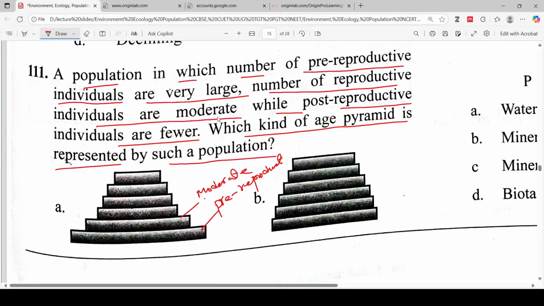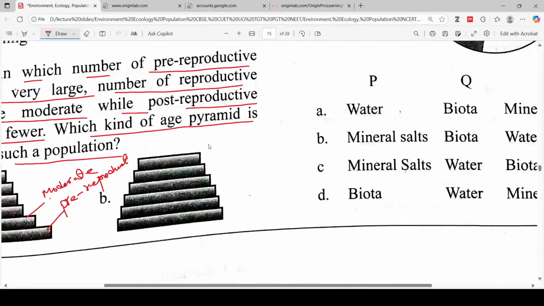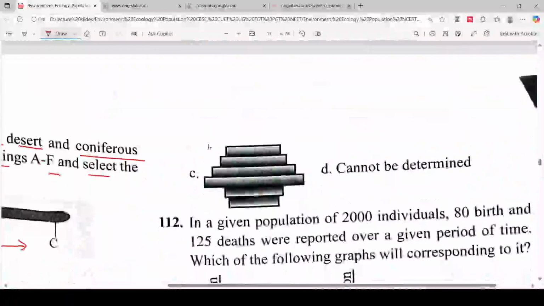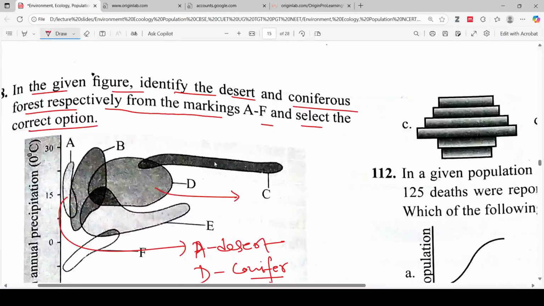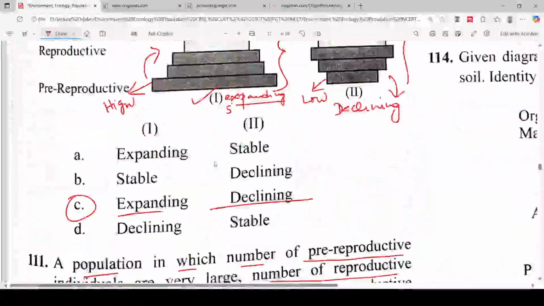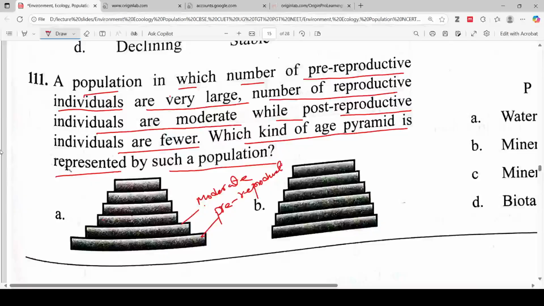and post-reproductive also fewer. So option A, B are given, and so the correct answer is option A. The correct answer for this question is option A. Fewer post-reproductive, and moderate reproductive and pre-reproductive groups.